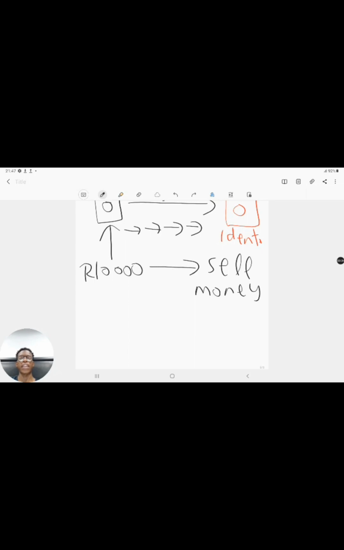If you buy a shoe today and you wear it, and you want to sell it to someone after 5 years because you don't want it, you won't sell it for the same amount of money that you bought it for today. It will have depreciated. It will have lost its value. So after 5 years, you sell this machine and get an amount of money that will be less than the 10,000 rands. Let's call that amount of money S, for sell.